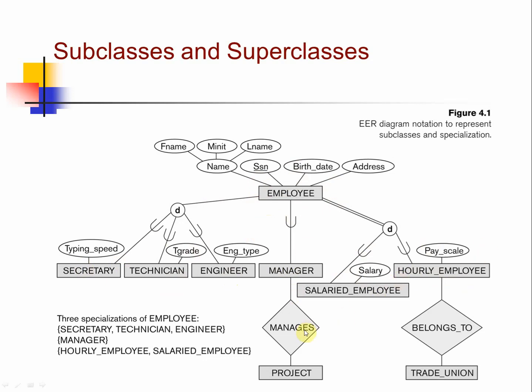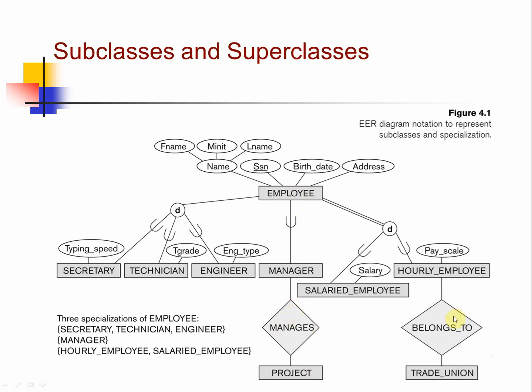However, if you look at a diamond shape, you will understand one thing. A diamond shape connects two different entities. Employee is employee, project is project. So you can see that employee and project are two different things. They are connected through a diamond shape, which means a relationship here.